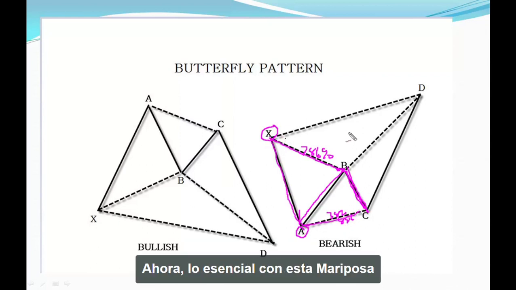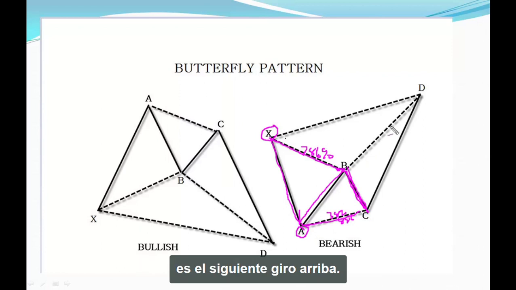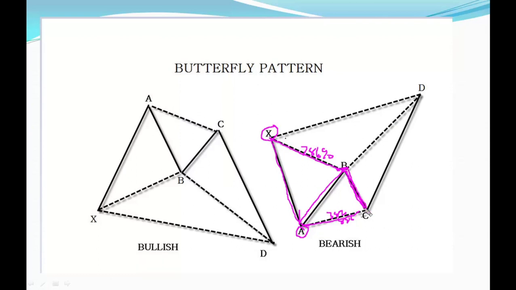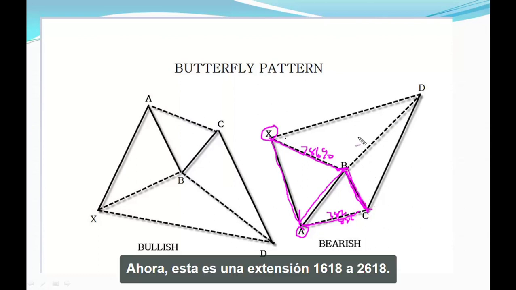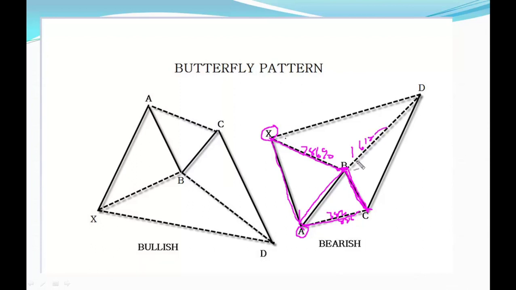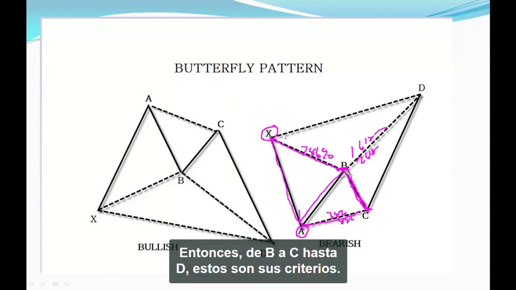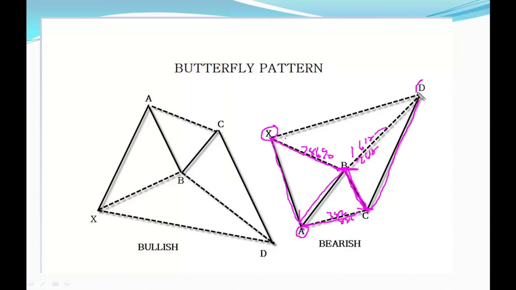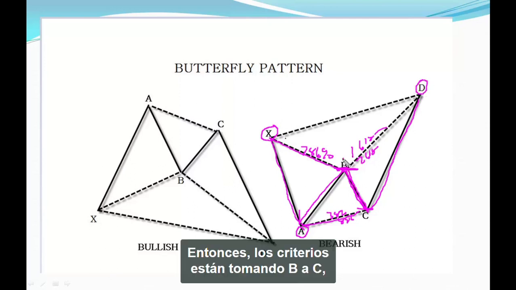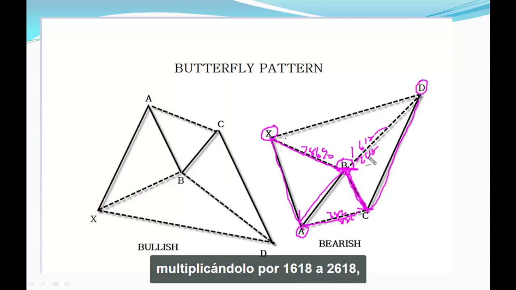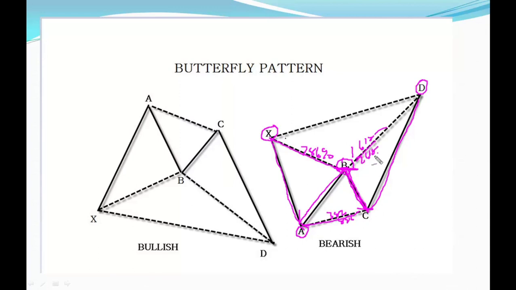Now, the main thing with this butterfly is this next swing up. All right, so you've got your B to C. Now this is a 1618 to a 2618 extension. So from B to C up to D, this is your criteria: you're taking B to C and multiplying it by 1618 to 2618.